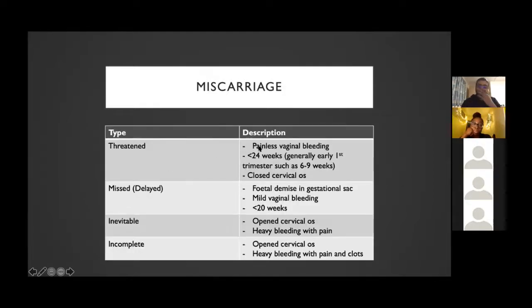They generally get painless vaginal bleeding, and it's generally a very early first trimester thing, so it happens within 6 to 9 weeks, before maybe the mother knows she's pregnant, or before they go to the booking scan, they would have a threatened miscarriage. Yeah, and that's it. So the next bit.